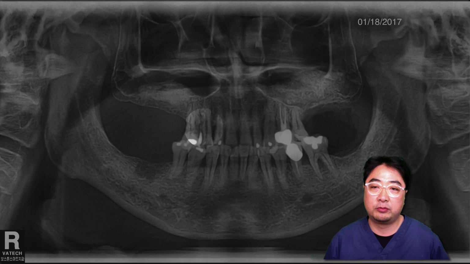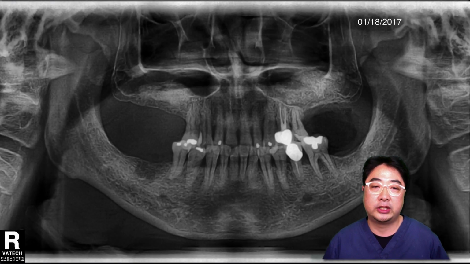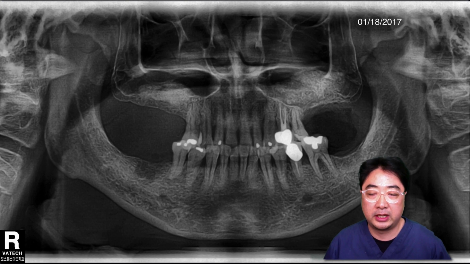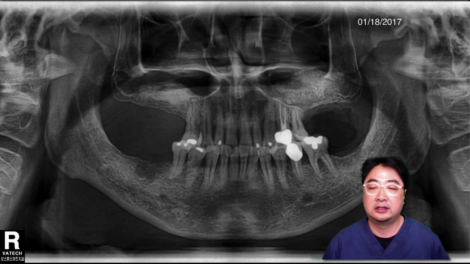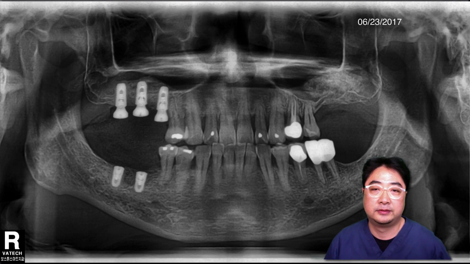On the left side I did almost the same, but I made a window with the SLA kit LS Limmer, which is my favorite. So I did re-entry for the right side sinus graft and the left side maxillary sinus graft.